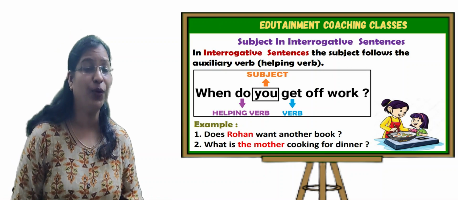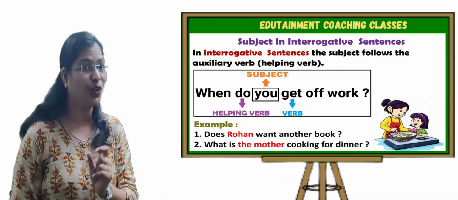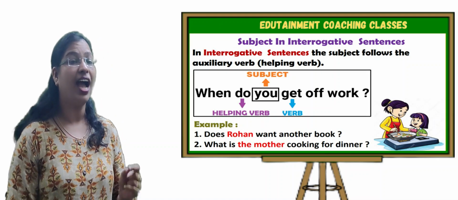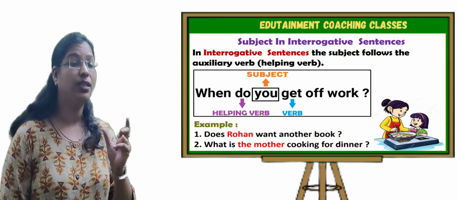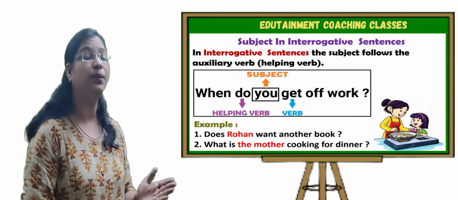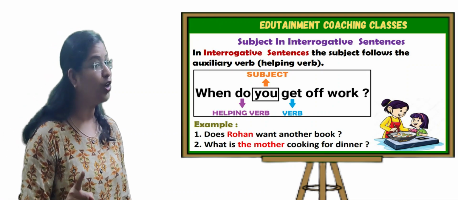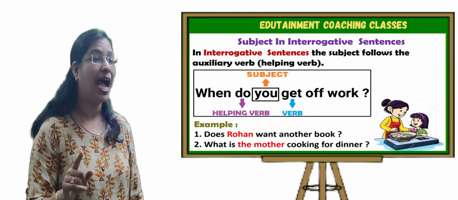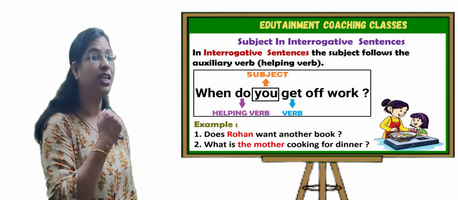What is the mother cooking for dinner? So here the verb is cooking, right? And the subject is the mother. So the subject, the mother, is placed after the helping verb is. I'm sure you have understood this, that the subject is placed after the auxiliary verb.